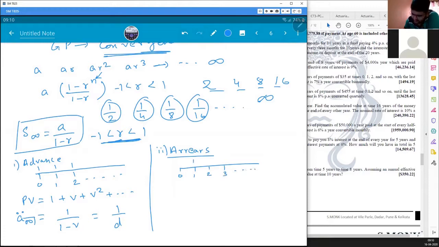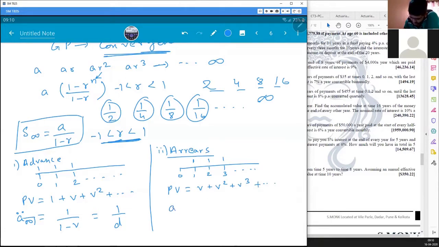In arrears, the first payment will be at time 1, the second payment at time 2, the third payment at time 3, and so on. So our present value will be v, v squared, v cubed, and so on.